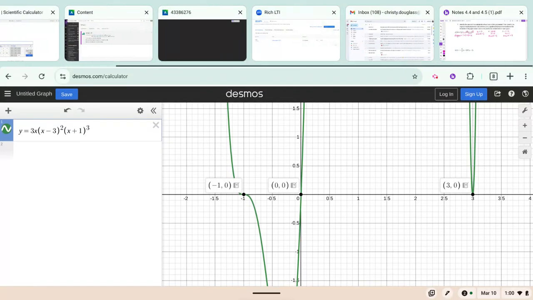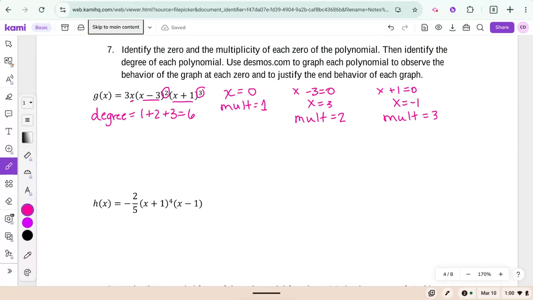So let's make a note of these observations. So here at x equals 0, where the multiplicity is 1, it simply crosses the x-axis. Where the multiplicity of 2, it was tangent to the x-axis. It bounced off of the x-axis at x equals 3.